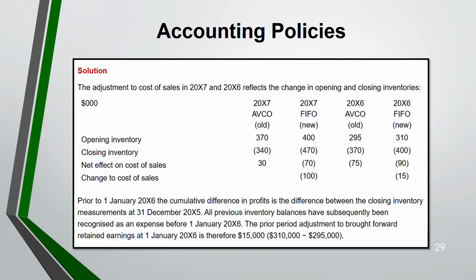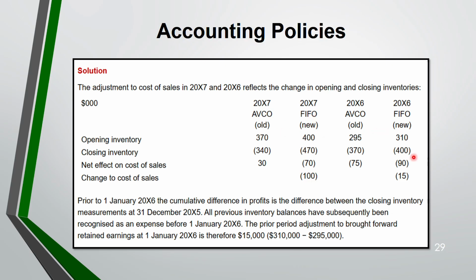So this is the solution which we have done. This is what exactly we have done. We have got the 2007 figure and 2006 because we need a comparative. We need the closing balance of 2006, which becomes the opening balance for 2007. So we have AVCO on one side, that is the old method, and FIFO, the new method.